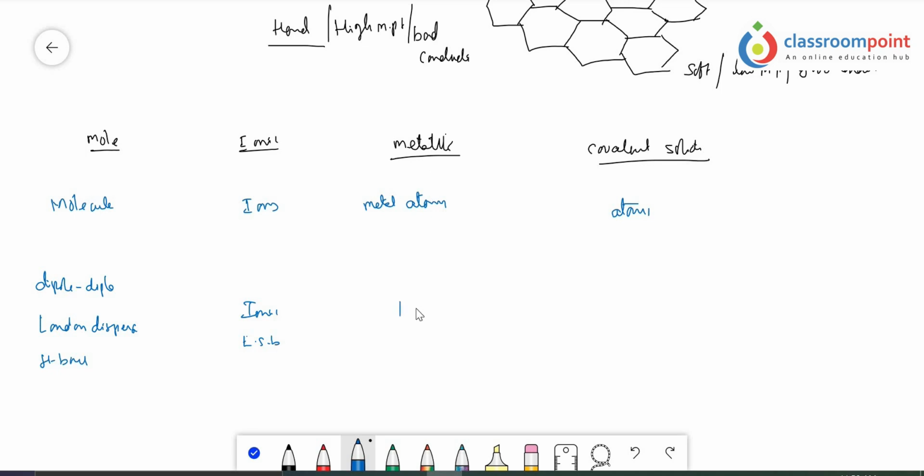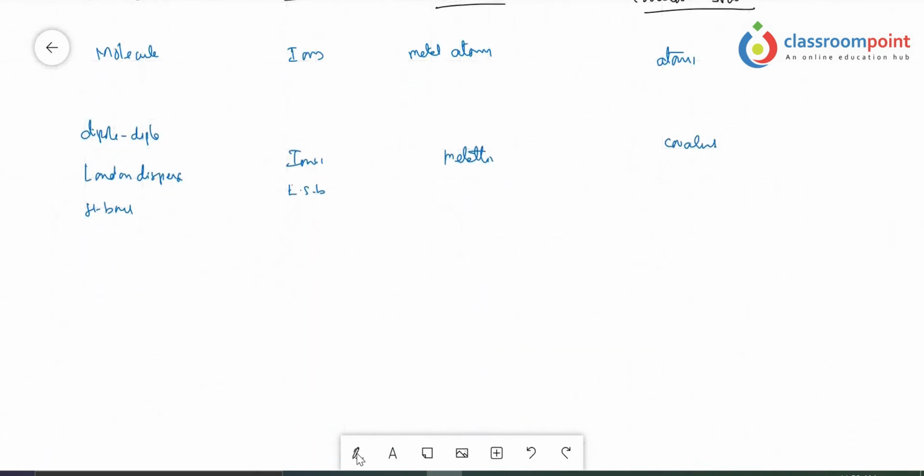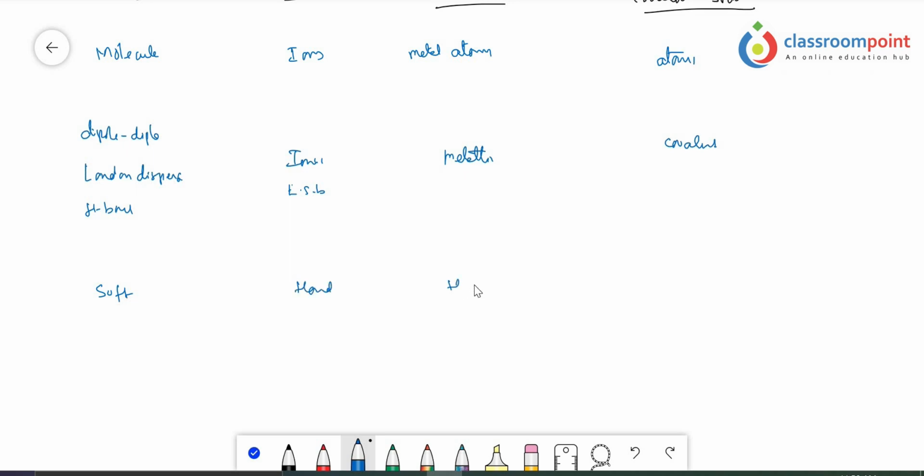In metallic solids, the metallic bond is present. And in covalent solids, a covalent bond is present among the atoms. Next, molecular solids are soft in nature, ionic solids are hard, metals are also hard, and covalent solids are also hard.